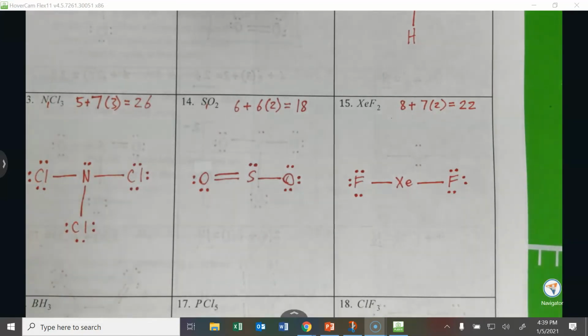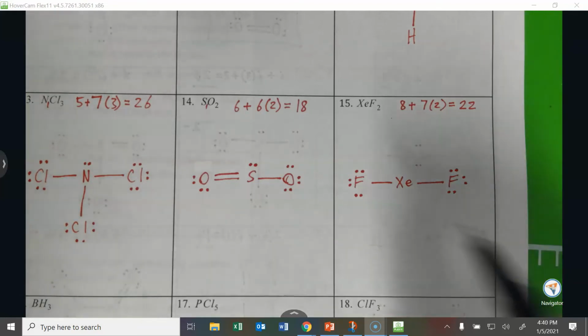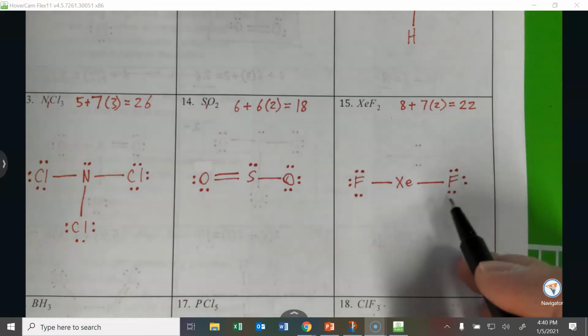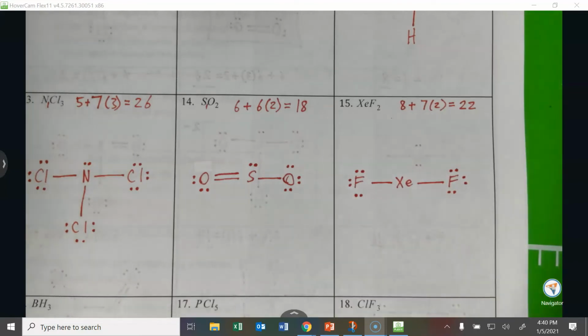Now, all of the leftovers go on the central atom, and because xenon is down in the 4th period or lower, it can actually accommodate extra electrons. This is going to be an expanded octet.